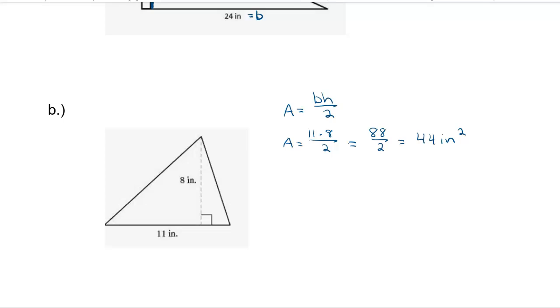Now, I kept saying, okay, the formula, right? I know that I need to use this formula because I'm finding the area of the shape. That's true, but you need to use the area formula anytime area and triangle is identified, because you're going to use that formula also if you're finding a missing side.